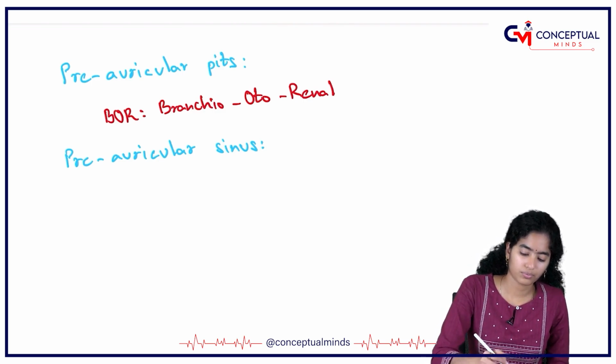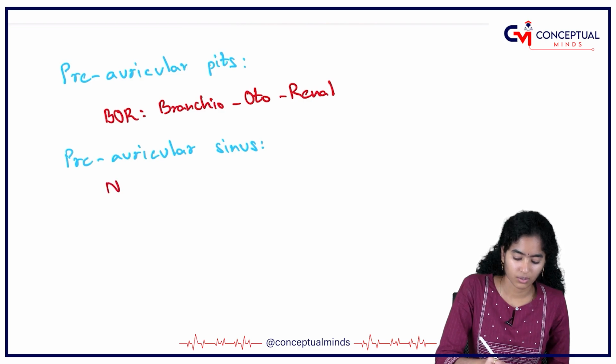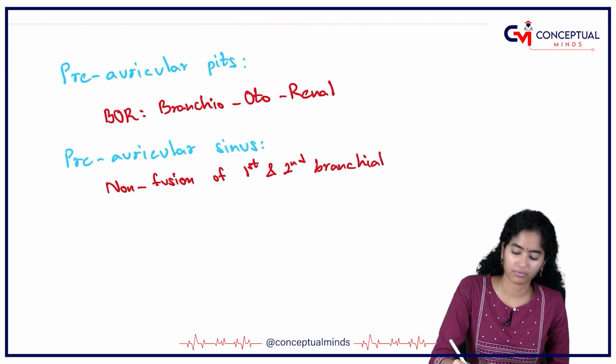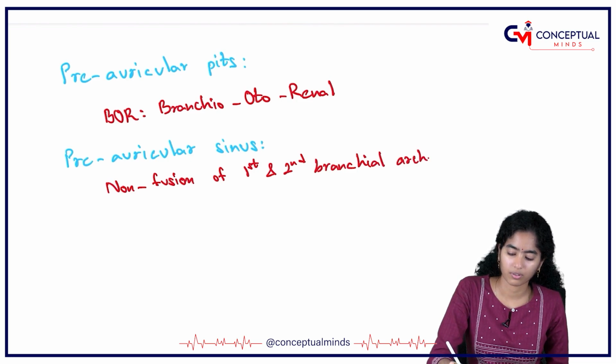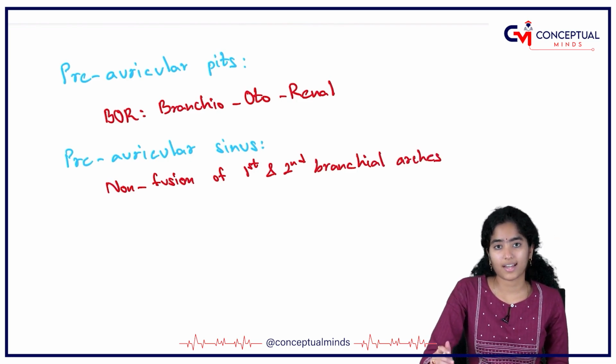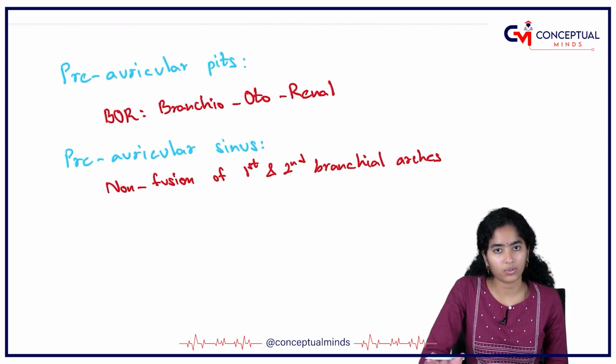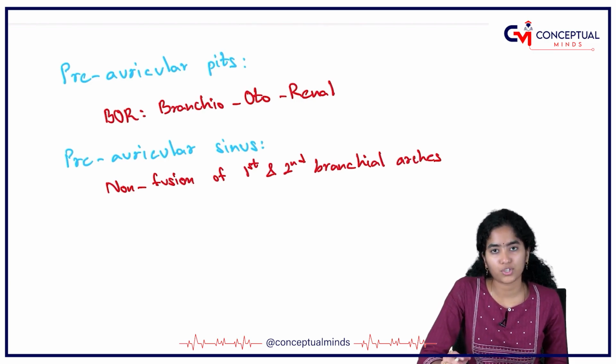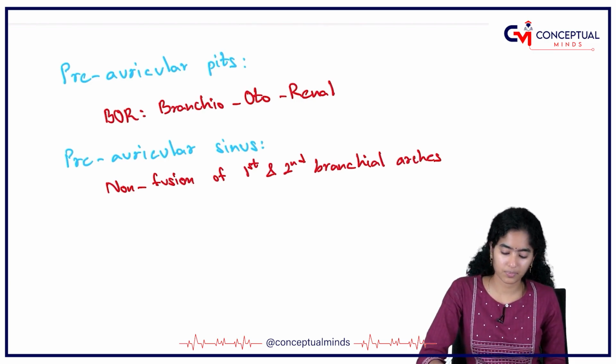Due to non-fusion of first and second branchial arches, the sinus tract can open into the parotid gland, it can open into the external auditory canal or elsewhere, and the treatment for this is exploration and excision of the sinus.